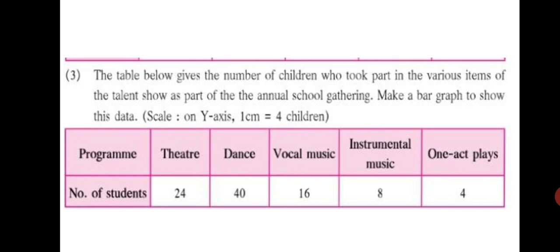Now, in this sum also, scale is 1 centimeter is equal to 4 children. So again we are going to take multiples of 4 as a scale on y-axis. Okay. Then we have the table given here. Let's see it in the solution.